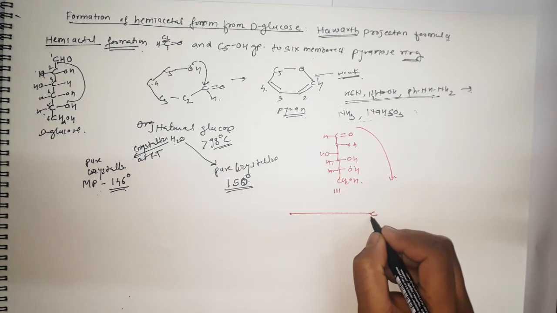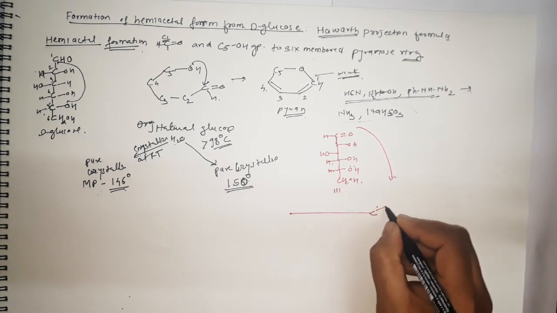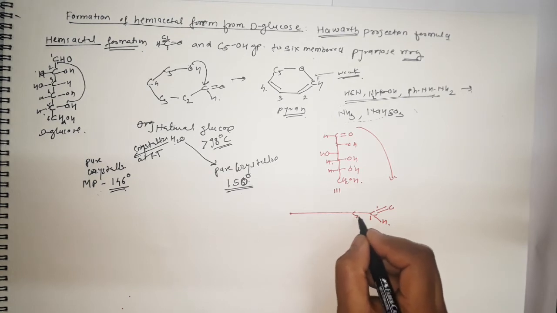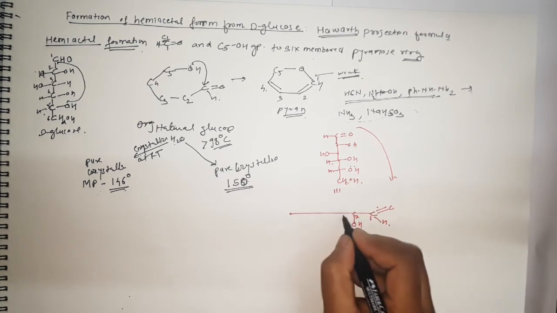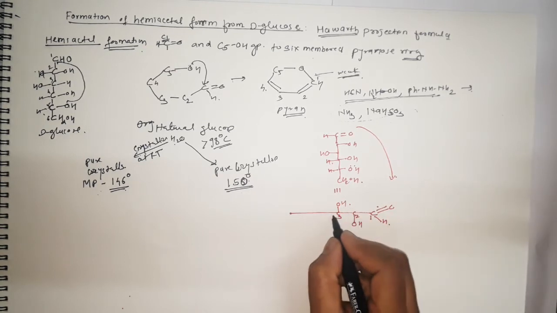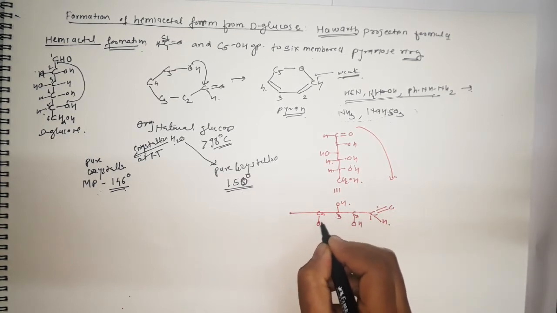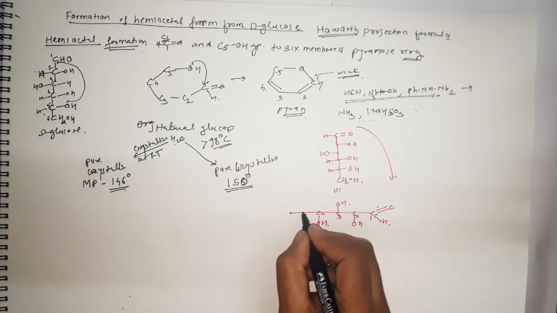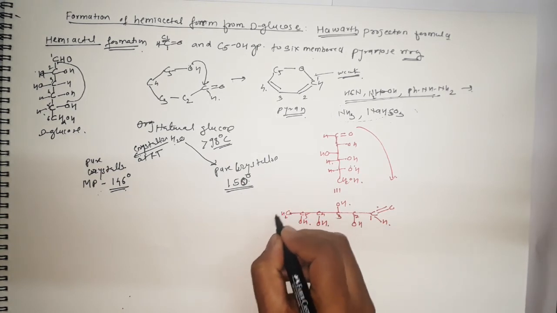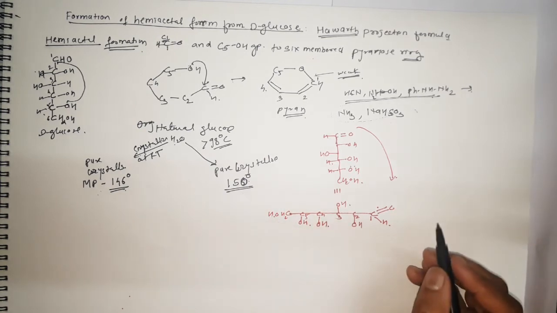Here this is the C1 carbon atom, this is C2 OH, this is C3 OH above the plane, then C4 OH below, then C5 OH below, and here is the CH2OH.